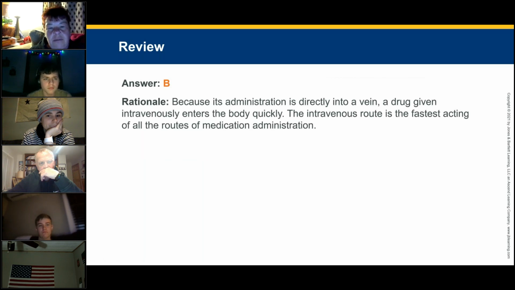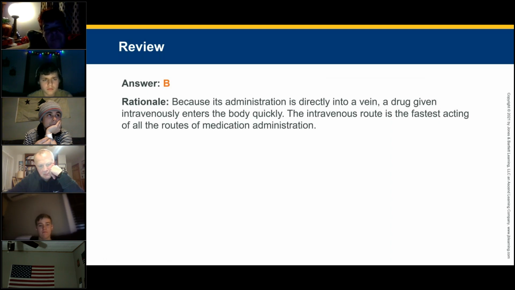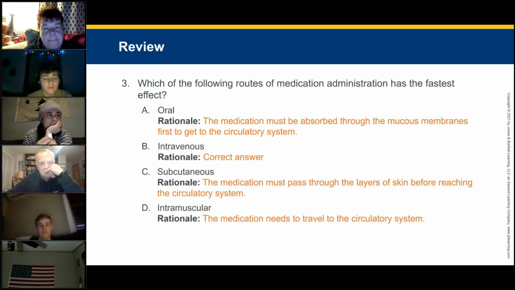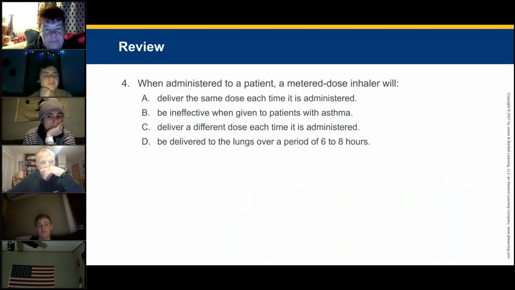Good, B. So remember, intravenous medications are going directly into the vein, so they get into the circulatory system the fastest. When administered to a patient, a metered dose inhaler will do what?